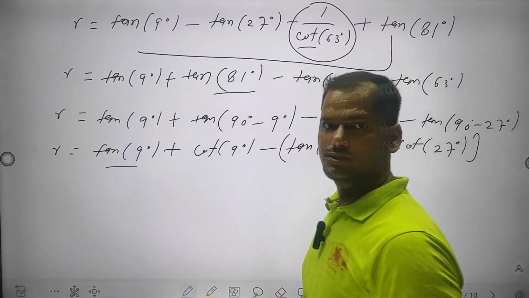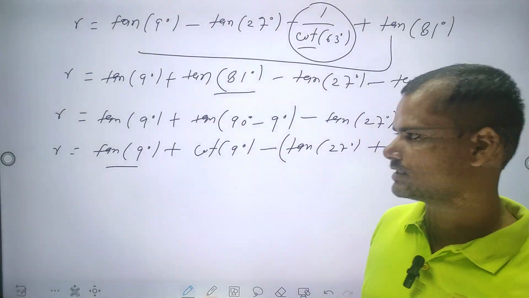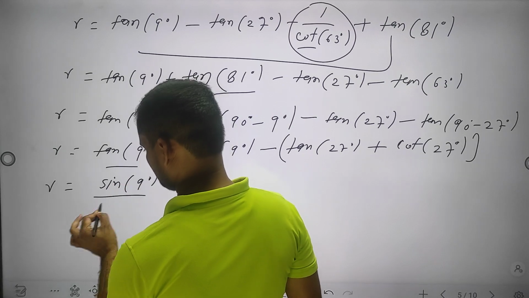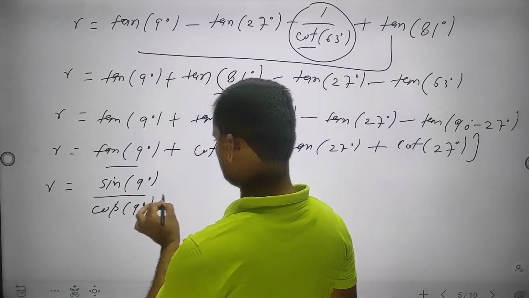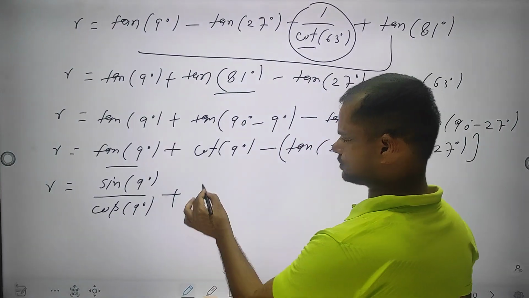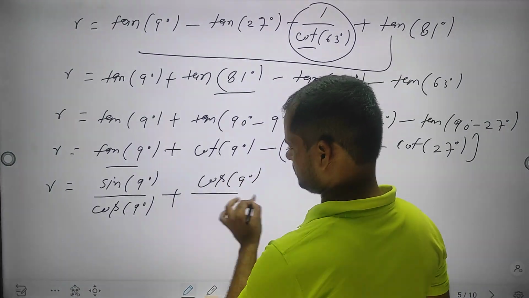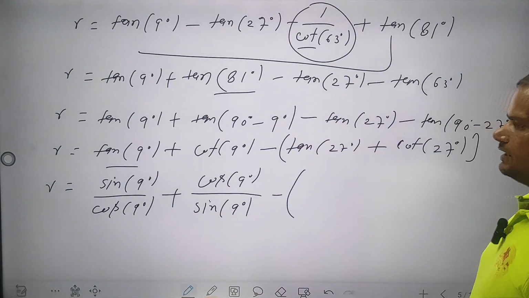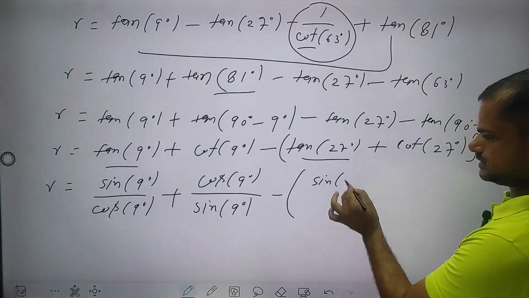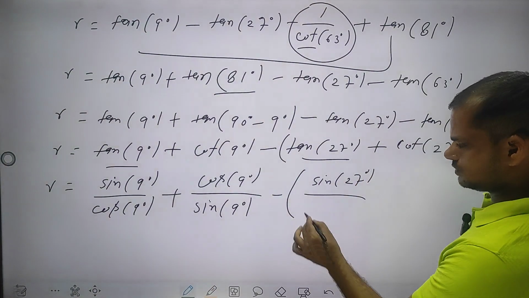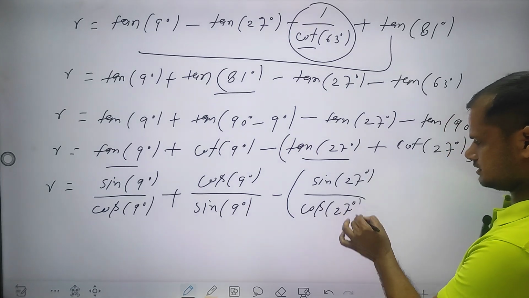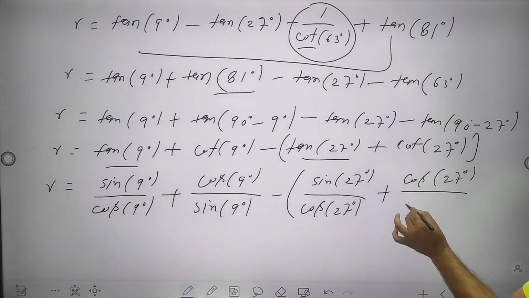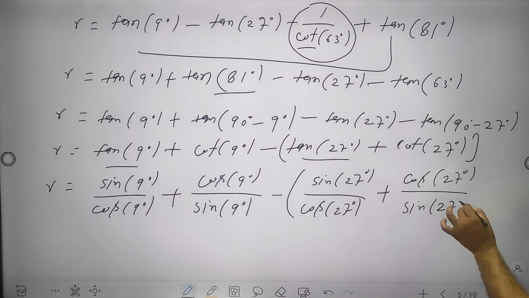In the form of sin theta and cos theta, tan theta equals sin theta upon cos theta. Then r equals sin 9 degree upon cos 9 degree plus cos 9 degree upon sin 9 degree, minus sin 27 degree upon cos 27 degree plus cos 27 degree upon sin 27 degree.